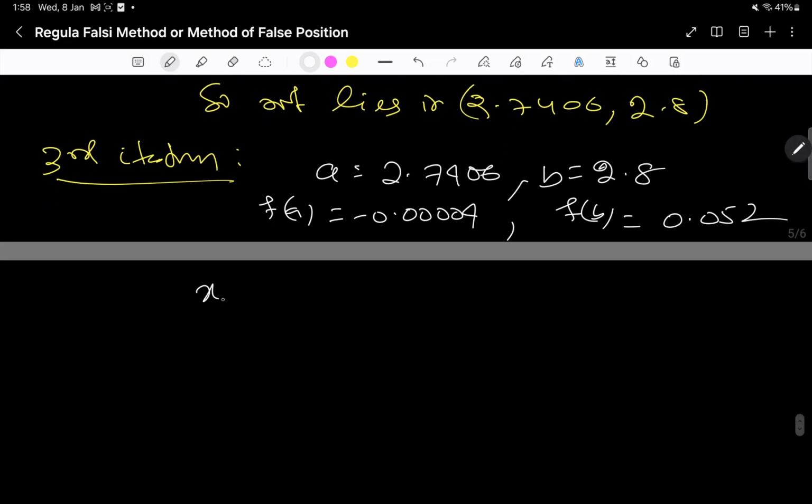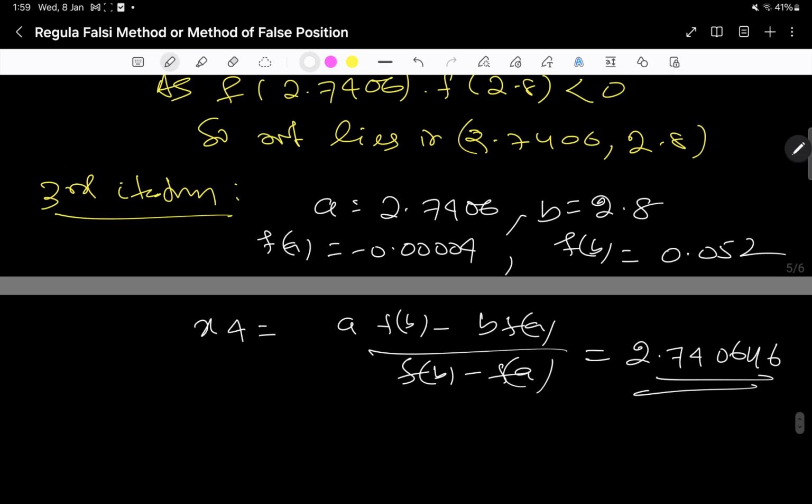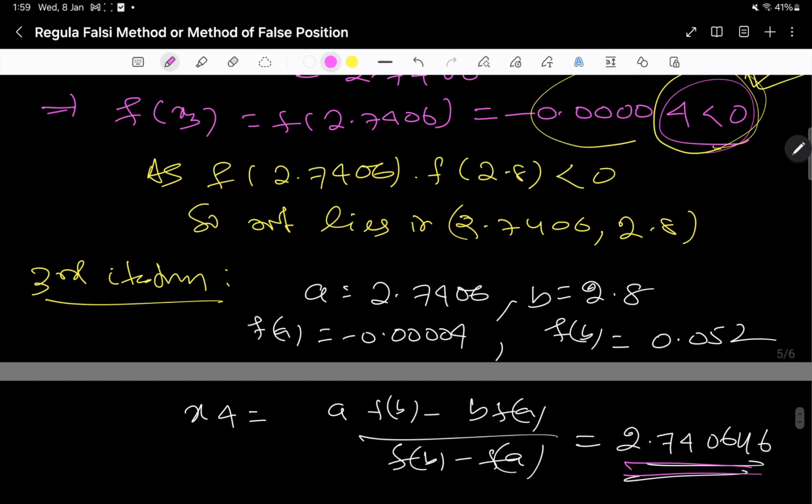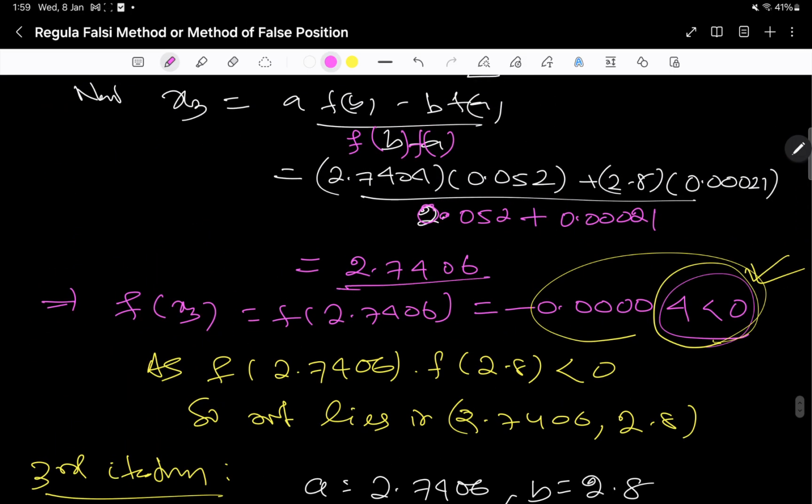So here x4 will be afb minus bfa by fb minus fa. If I simplify it, this will give me 2.740646. If you compare these two consecutive values, it is 2.7406 and here it is 2.7406.